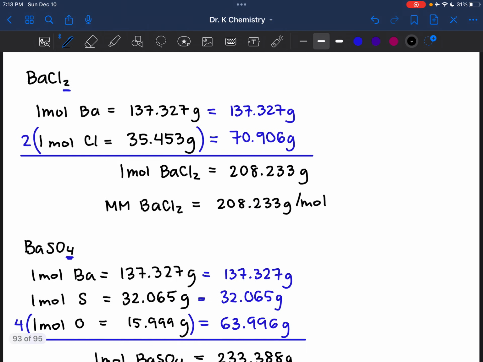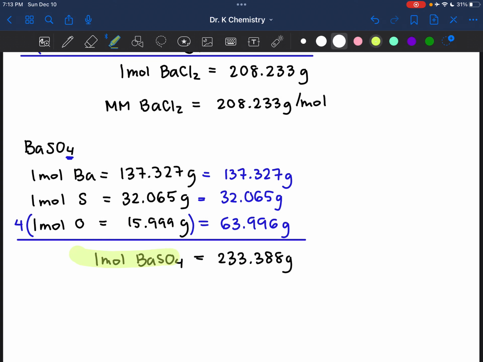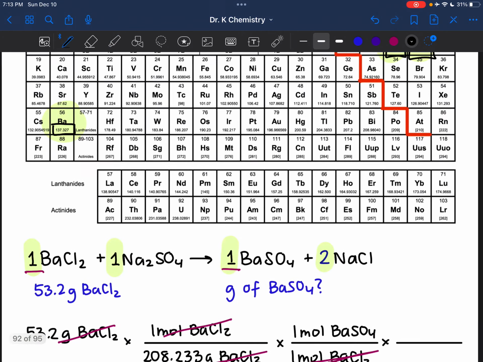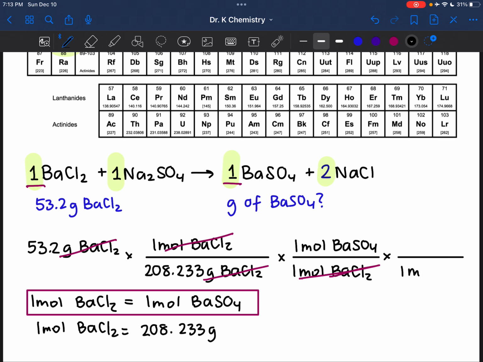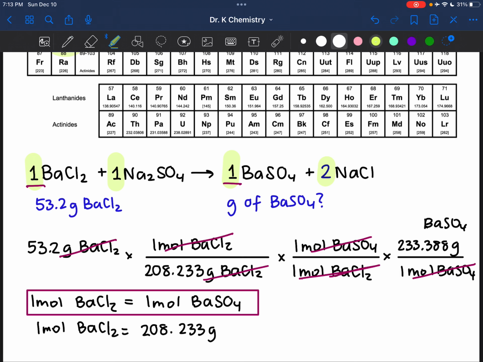That we can get from the molar mass that we just calculated. So we said that in 1 mole of barium sulfate, it will weigh 233.388 grams. I ran out of space here, but I'm putting moles of barium sulfate on the bottom so that I can cancel it up top here. And now our answer is left in grams of barium sulfate.